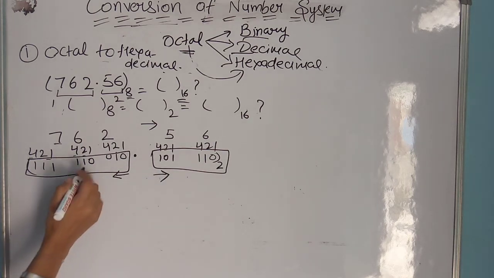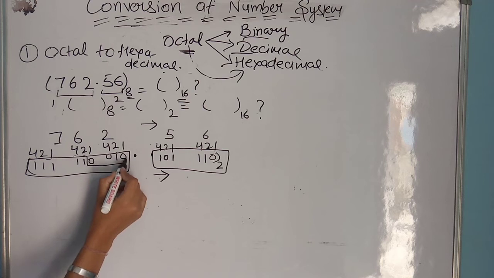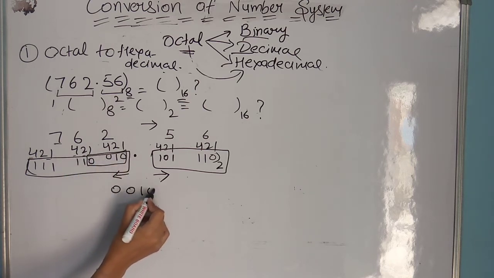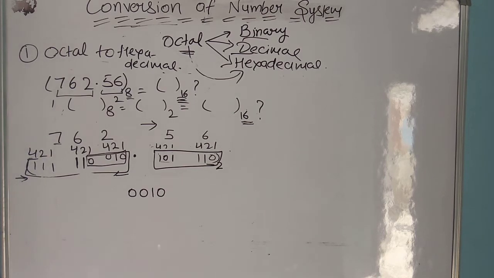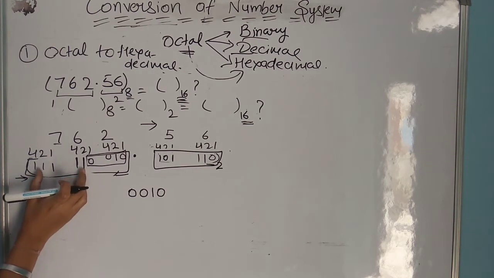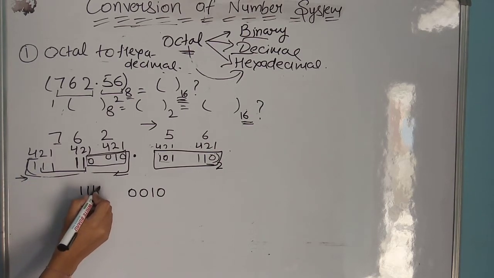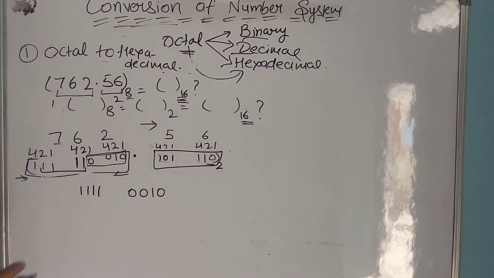First fetch these 4 digits, 0 0 1 0, and the other 4 digits are all 1, four times 1. Now we have only one bit for the third group, and we can complete this group by inserting 3 zeros from its left side.